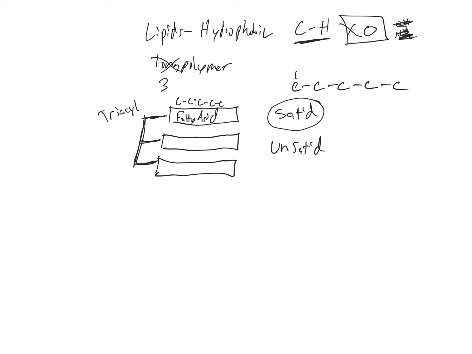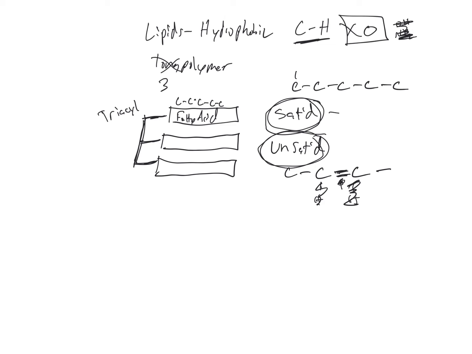If it's unsaturated, you're going to have a carbon single bond, but then you might have a carbon double bond. This double bond here could actually form more attachments to hydrogens, but they don't. Thus, we call them unsaturated. The rule is if you see double bonds, those are unsaturated fats. If they're all single bonds, then they're saturated fats.